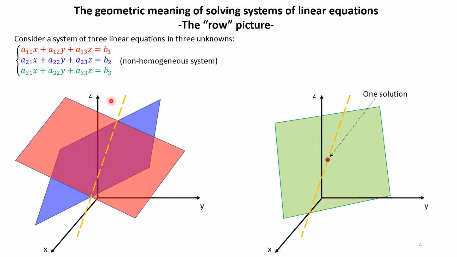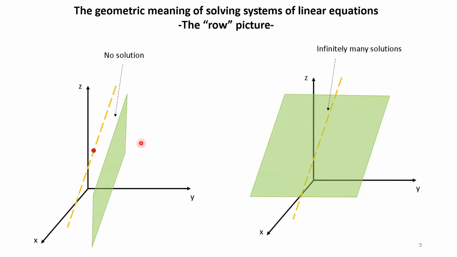If I take the line of intersection from the first two equations, and then also consider the third equation here, and you realize that this line is actually parallel to this green plane but shifted by some distance, then you know that you cannot find any solution. So for this system, this is the case where we have no solution.